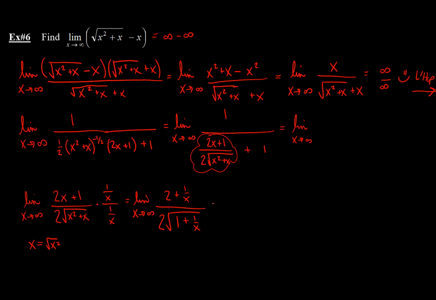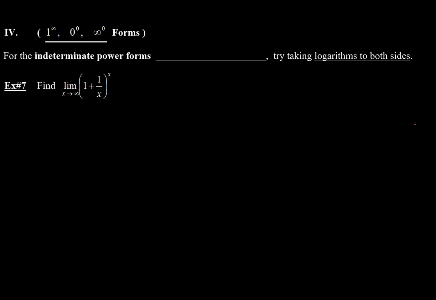Now if I plug in the infinity, I end up with 2 plus 0 divided by 2 times the square root of 1 plus 0, which is going to give me 2 over 2, which is 1. So then if I look at this, I end up with 1 divided by 1 plus 1, which is going to give me 1/2. Neat, huh?